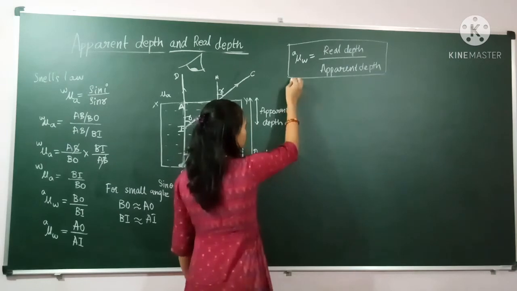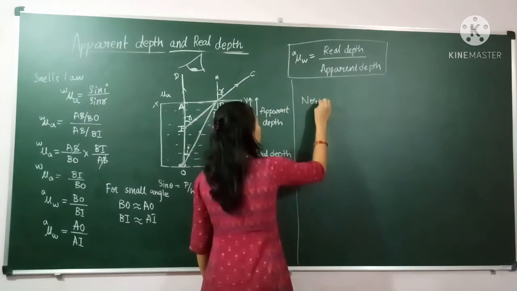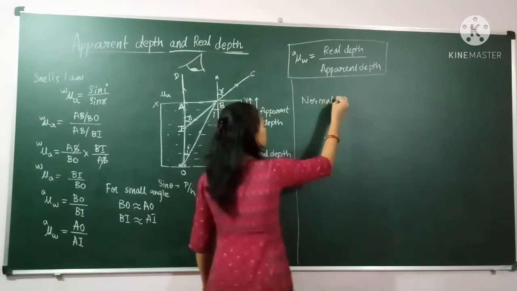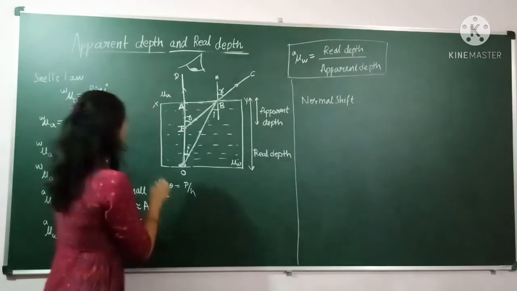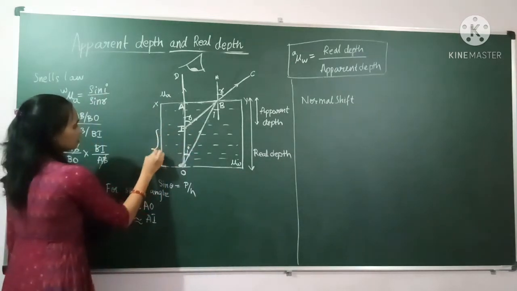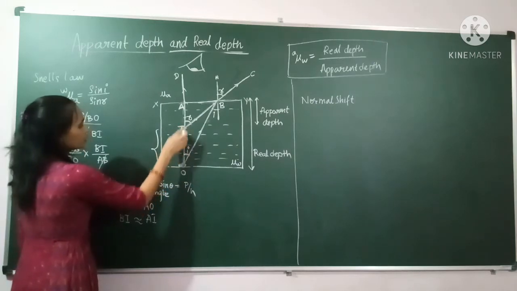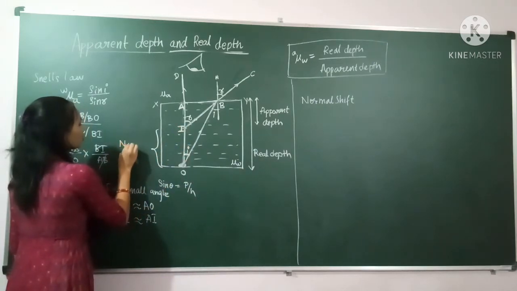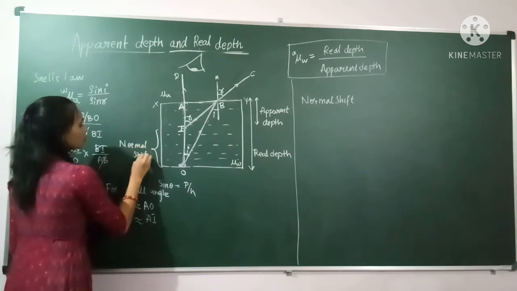Next, we will do the calculation for the normal shift. So normal shift is equal to, see here, this distance from where the image is formed to this object. This distance we call the normal shift. Now we will calculate this normal shift.